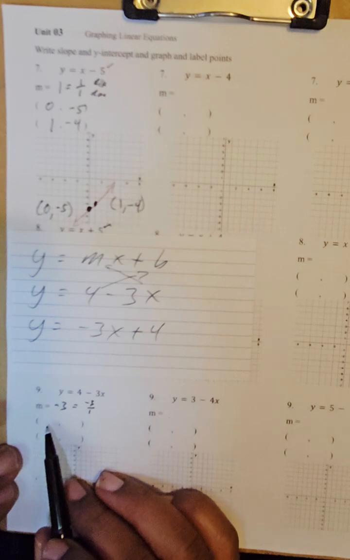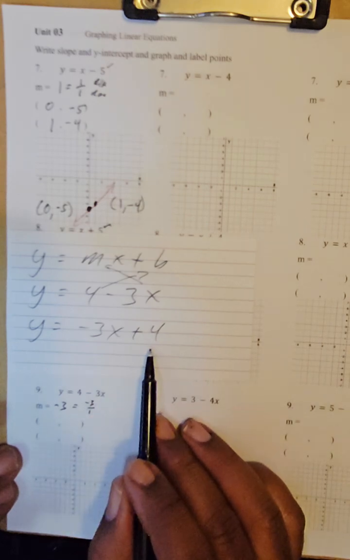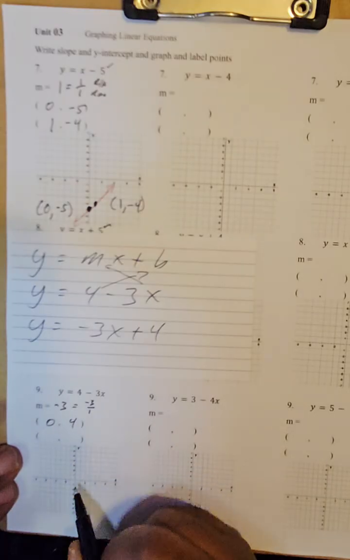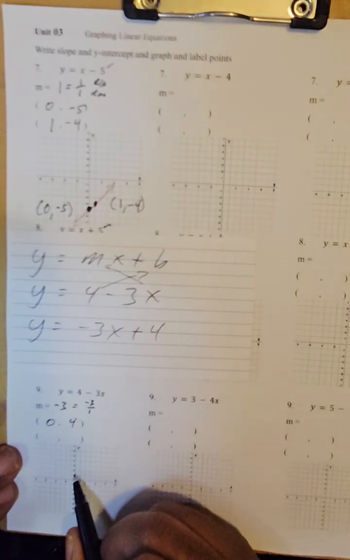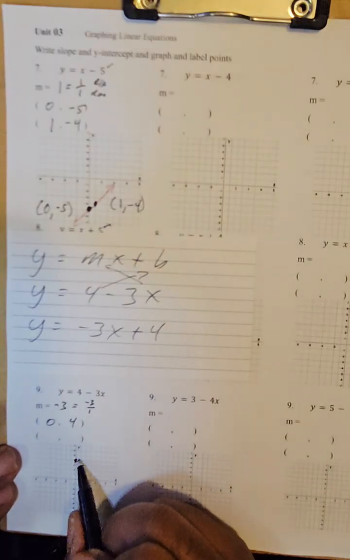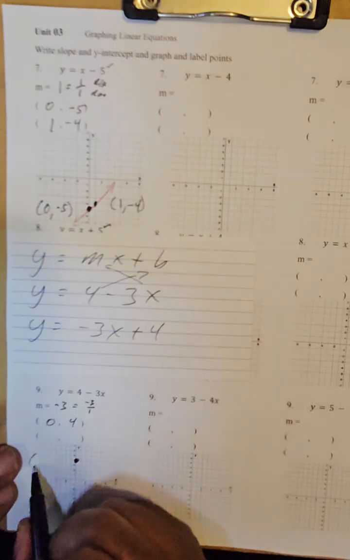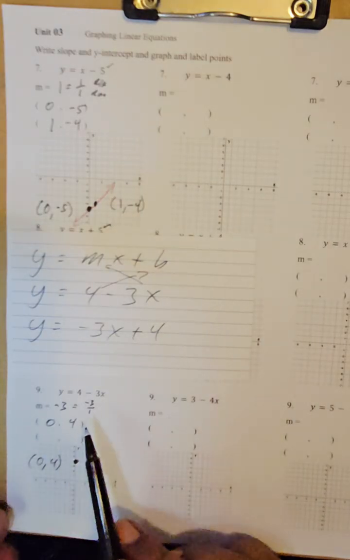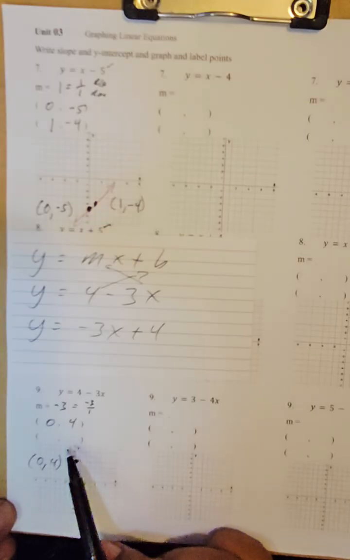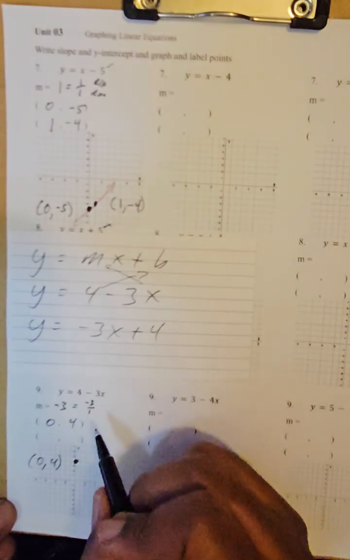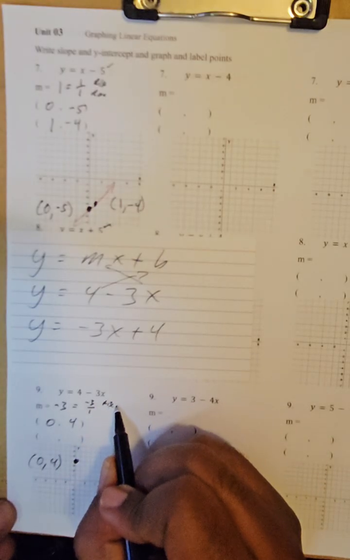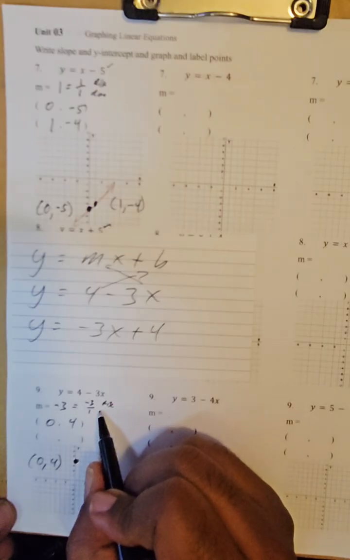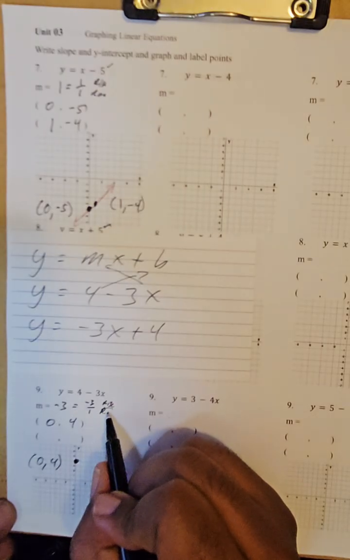Our y-intercept will be the 4 here, the positive 4. So we'll have (0, 4). So 1, 2, 3, 4. So that's my (0, 4) for my y-intercept. Now, using the slope, we're going to find the next point. I know it says rise, but we're going to fall 3 and then run 1.